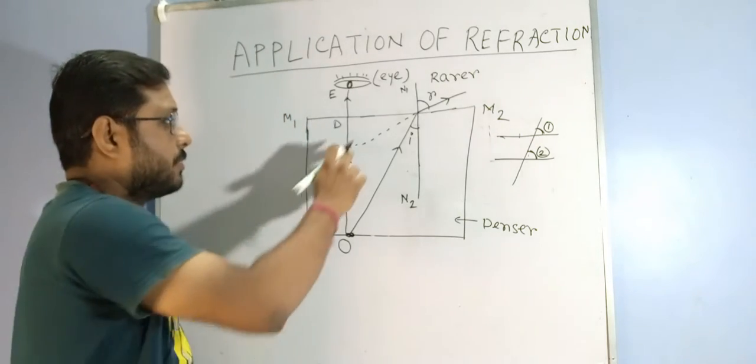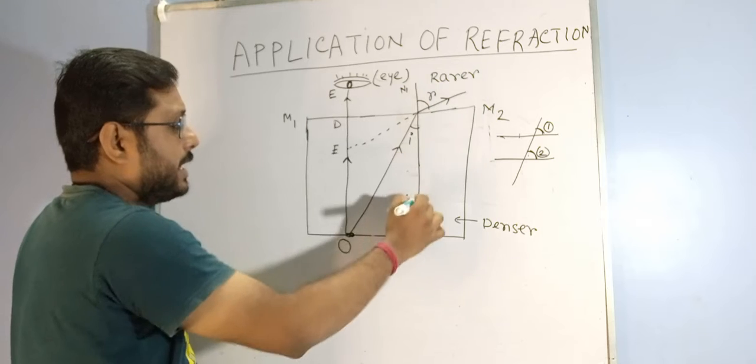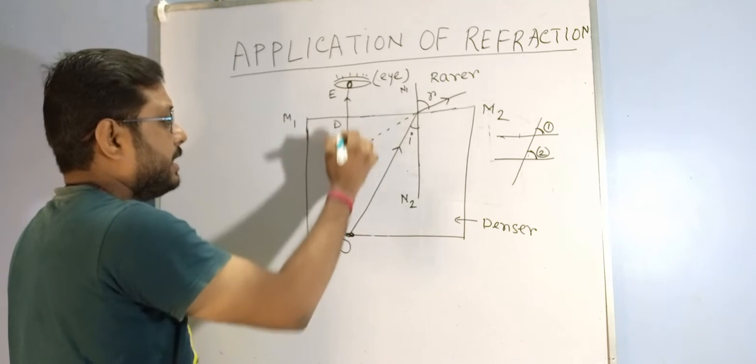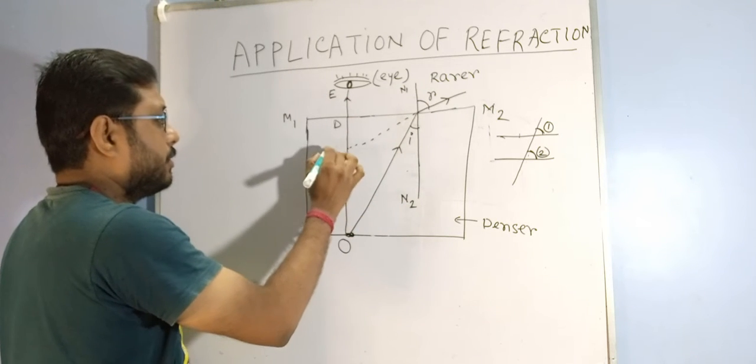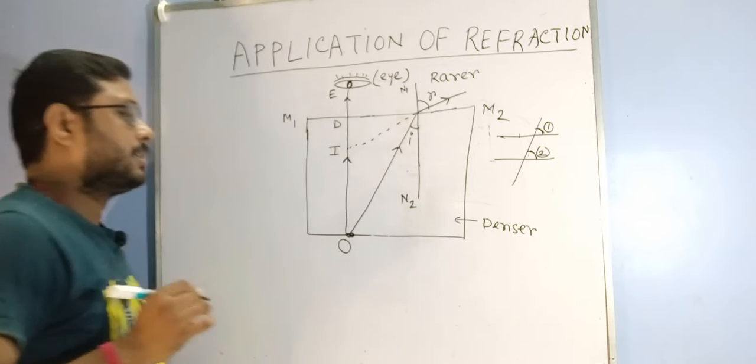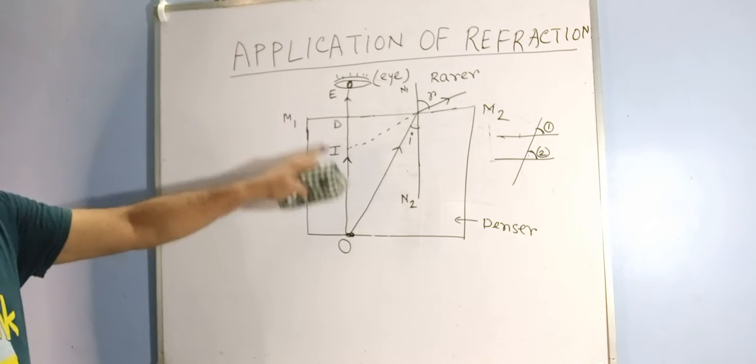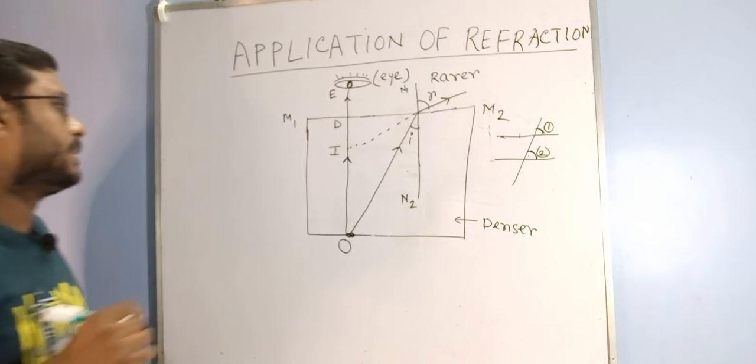So, from this picture, N1, N2 and the ray EO, this is the I point because E is given already here.